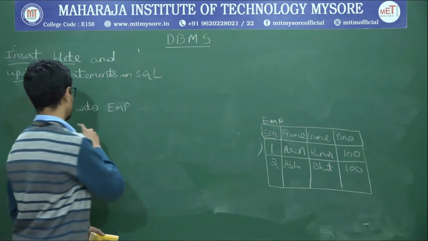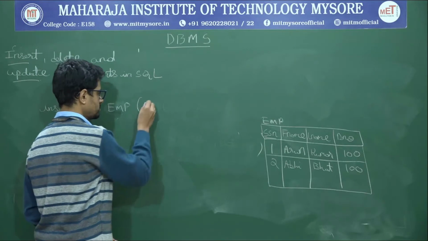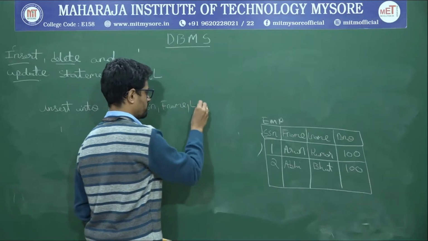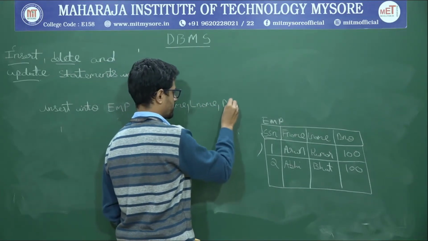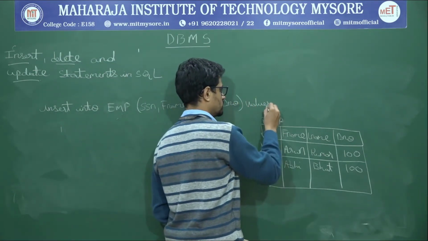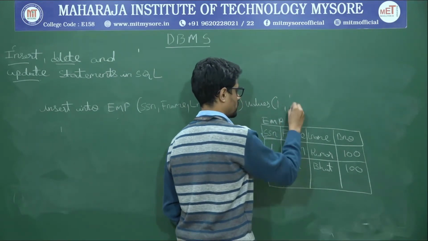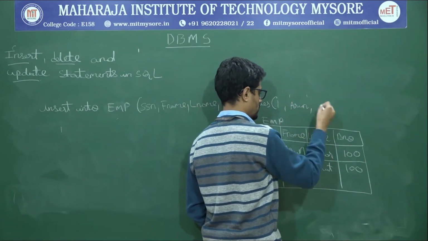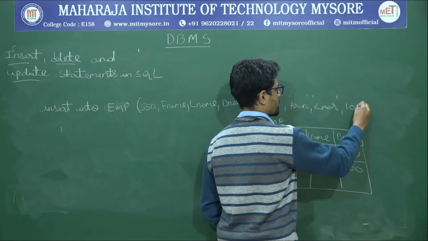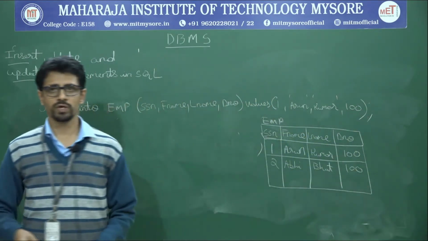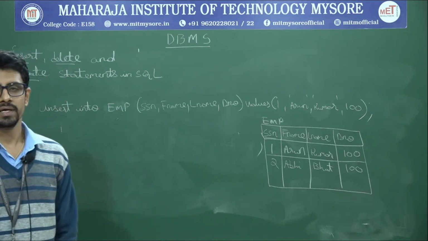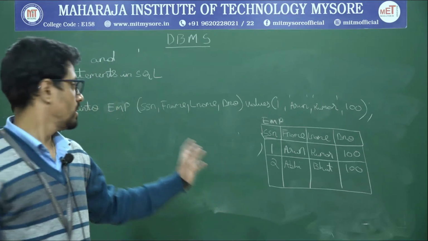For example, INSERT INTO employee (SSN, fname, lname, dnumber) followed by VALUES, that is 1, Arun, then Kumar.